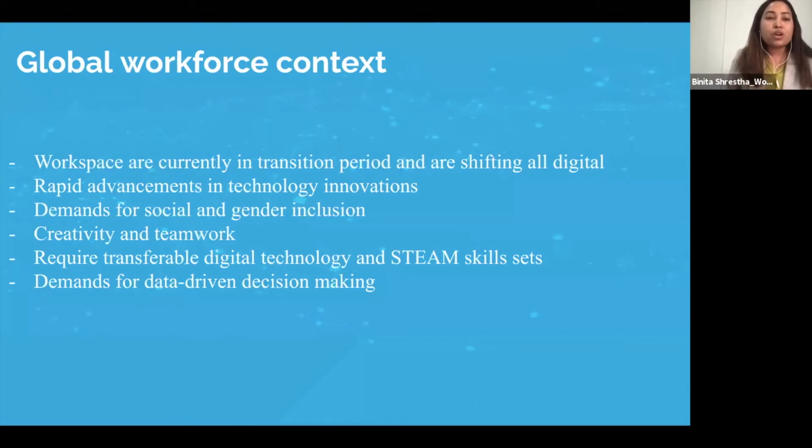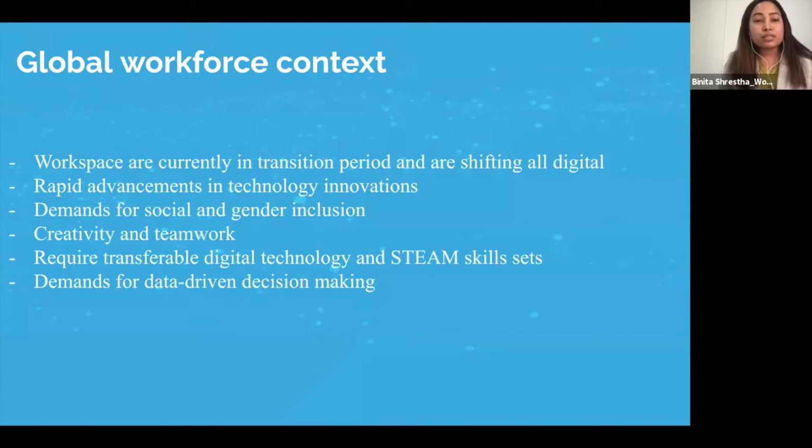So as we were talking about the representations, on the other hand, the global workforce is also in a transition period. We are shifting a lot of our workspaces digitally. We are witnessing the advancement of tech innovations, and the demand for data is increasing every day.